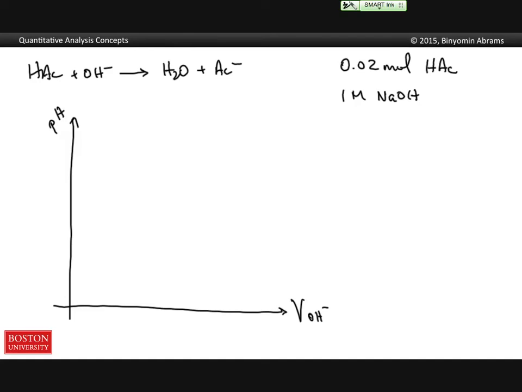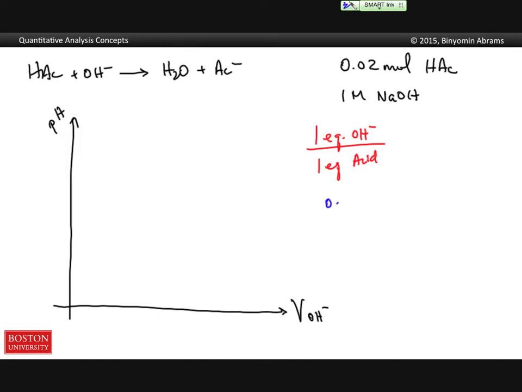First things first, we're going to be looking for an equivalence point. So an equivalence point is found when one equivalent of hydroxide is added to one equivalent of acid. And so let's find out how many moles of acid we have, and we'll go from there.